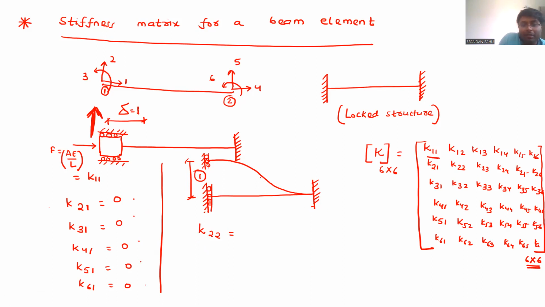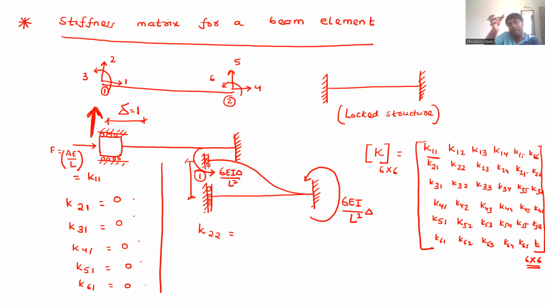So just write, don't tell it like that. Here one moment will come, here one moment will come. So it will be 6EI delta by L square, where delta is 1. We will neglect delta while we are writing these Kij components.